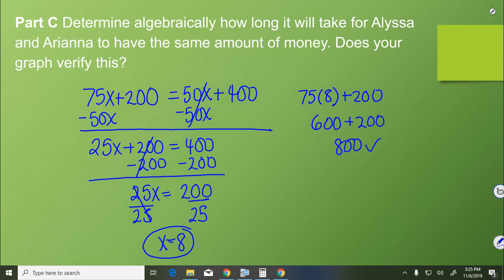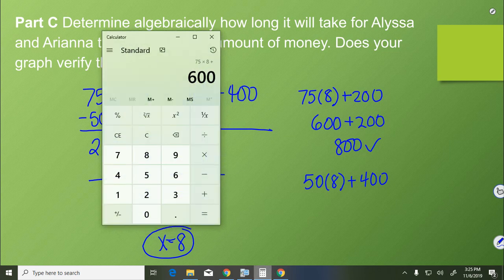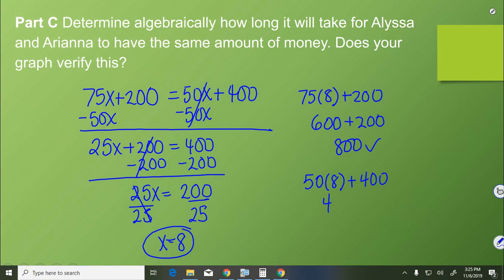But let's check it in Alyssa's equation too. 50 times 8 plus 400 is 400 plus 400. And I should have known that because 5 times 8 is 40, keep the other 0. And 400 plus 400 is also 800.